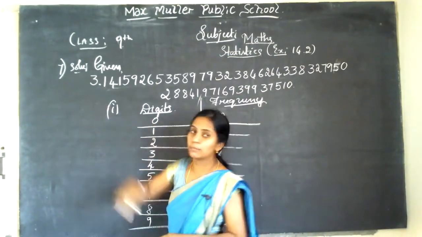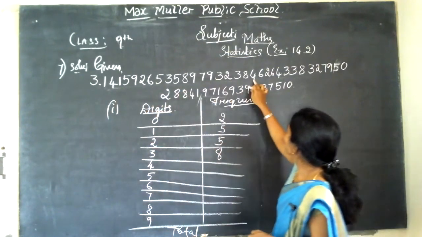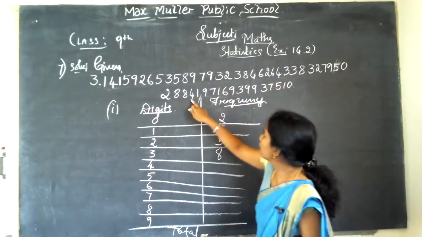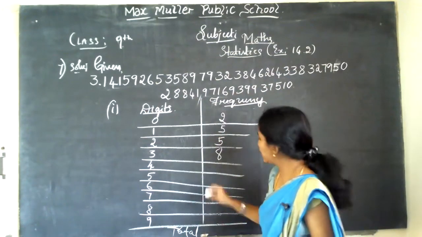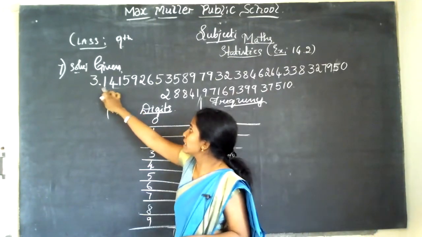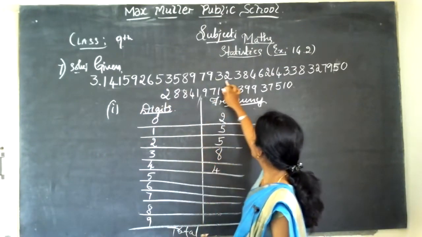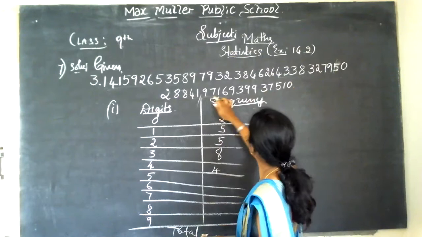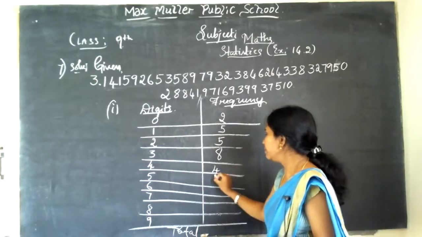After the decimal point, 1, 2, 3, 4. So you have 4 times the number 4. Move to the next, 5. After the decimal point, 1, 2, 3, 4, 5. You have 5 for 5 times, isn't it?